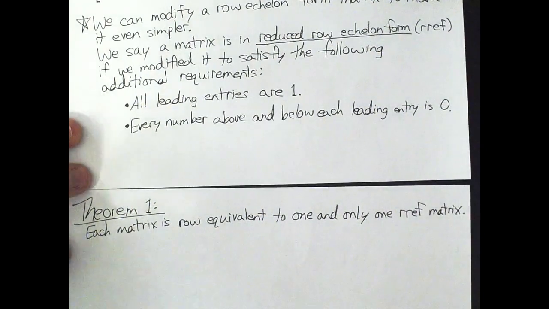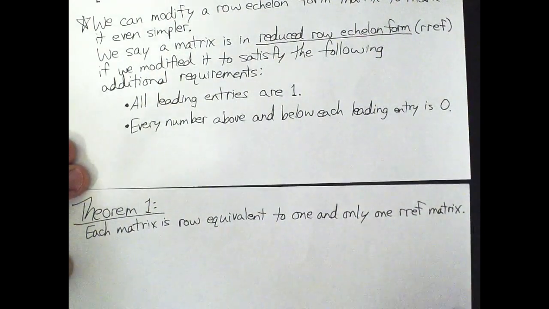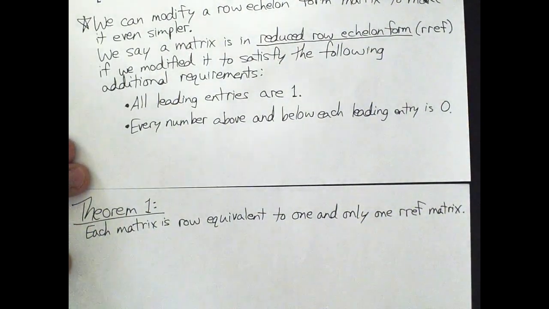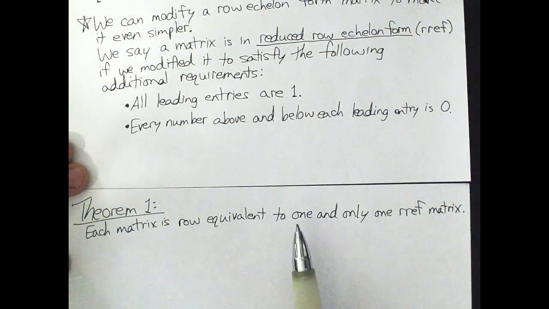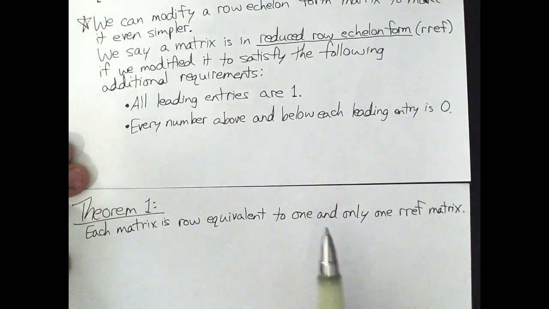So let me talk about this a little bit. We are saying in this theorem that every matrix can be turned into a reduced row echelon form. And not only that, but it can be done in only one way. What I mean by that is there's only one possible result.